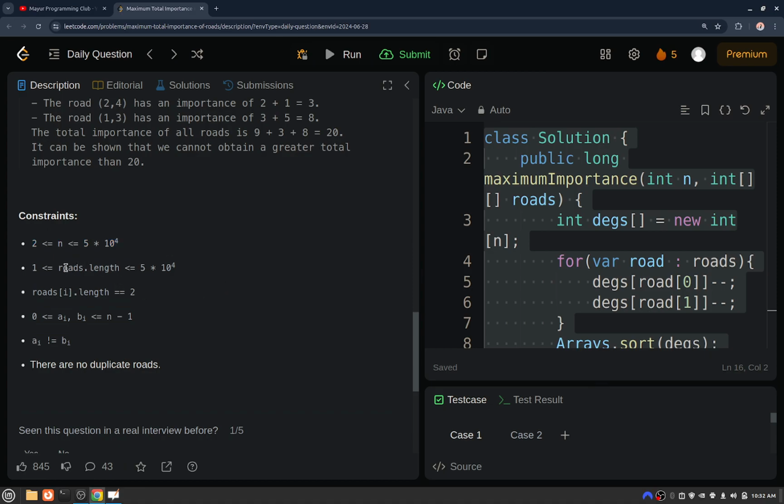The same will be the length of the roads array, and each entry in the roads will be of size 2, indicating two cities between which there is a road. Okay, and it is mentioned that a city is never connected to itself. So there is no city for which a road is leading to itself. So there are no self loops, and there are no duplicate roads. It is mentioned. So these were the constraints.